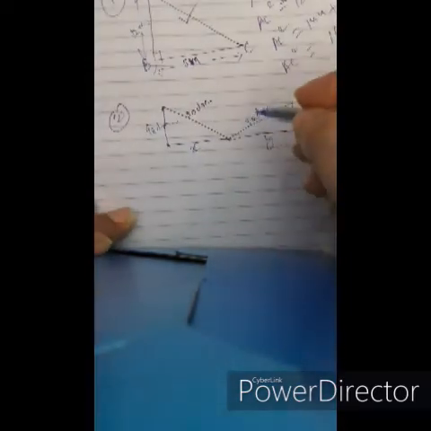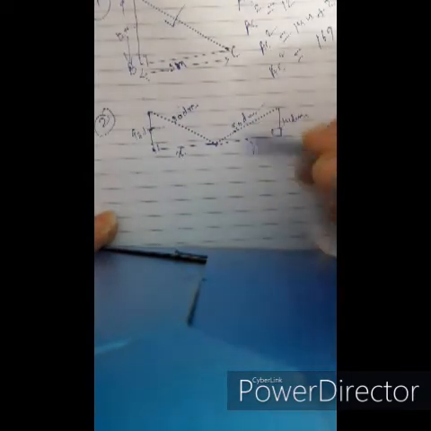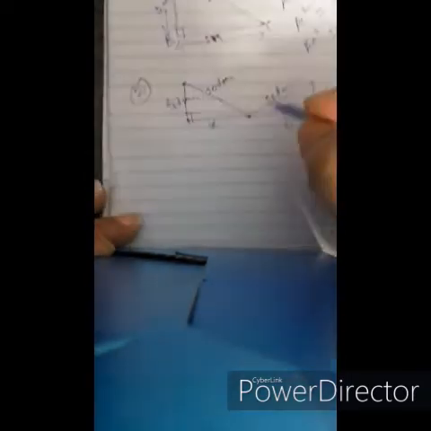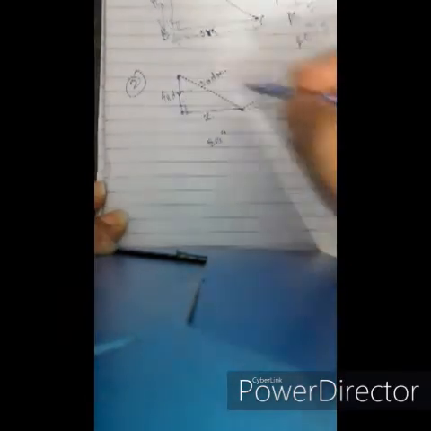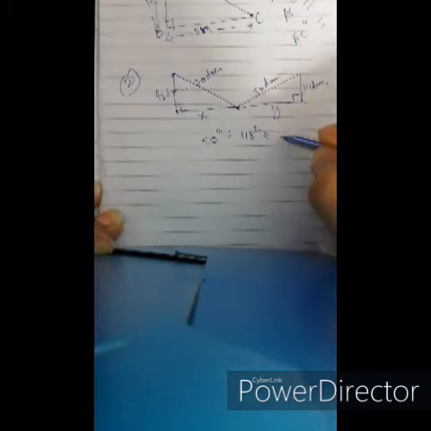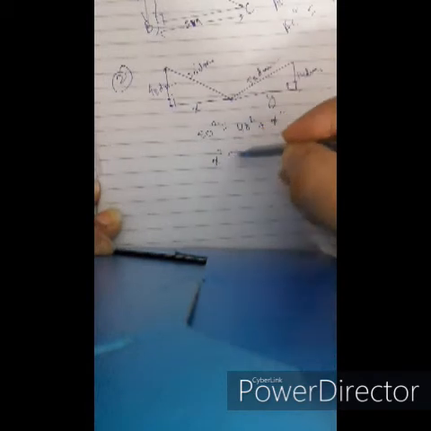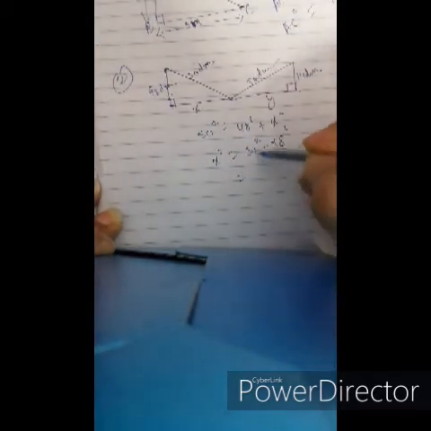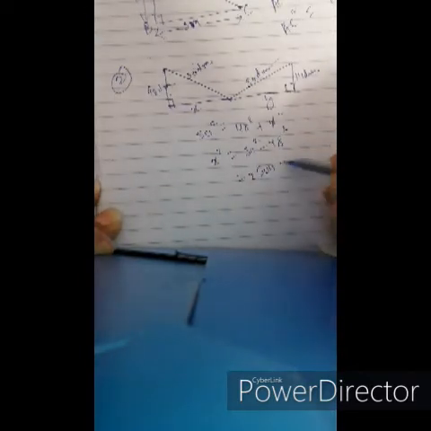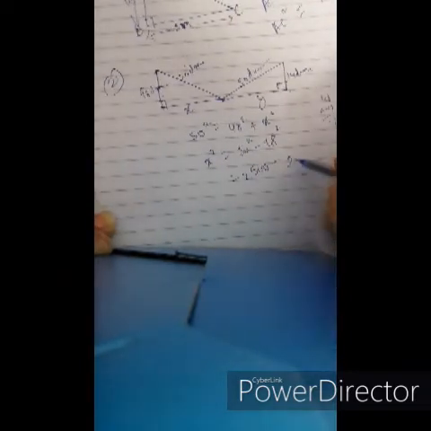So taking Pythagoras theorem, we know these two angles are right angles. Taking Pythagoras theorem here, we get 50 square equals 48 square plus x square. So x square becomes 50 square minus 48 square, that is 50 square is 2500 and 48 square is 2304.